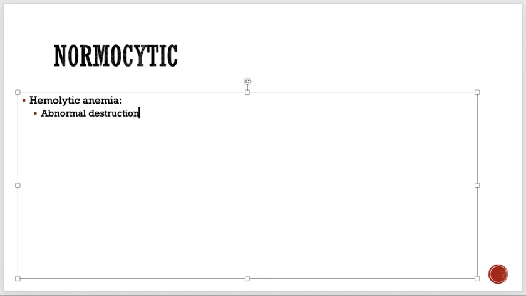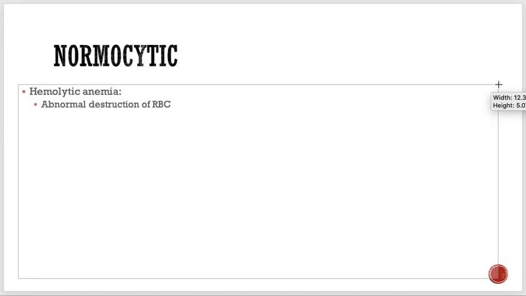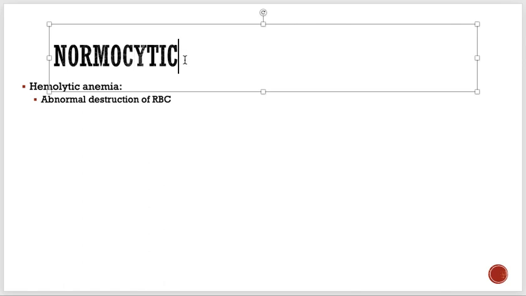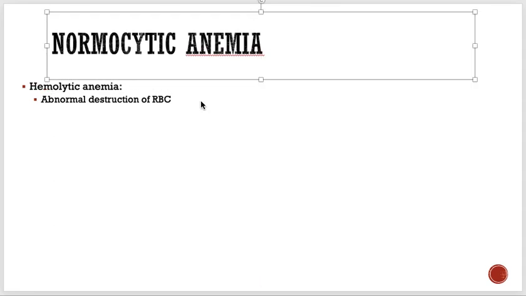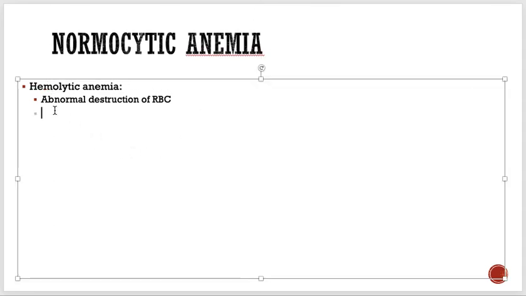Why am I using the word abnormal destruction? Because remember, when the RBCs have completed their life cycle, they are destroyed anyway. So we will call it hemolytic anemia when the destruction going on is abnormal, at a huge rate, or at a higher rate than what is considered normal.